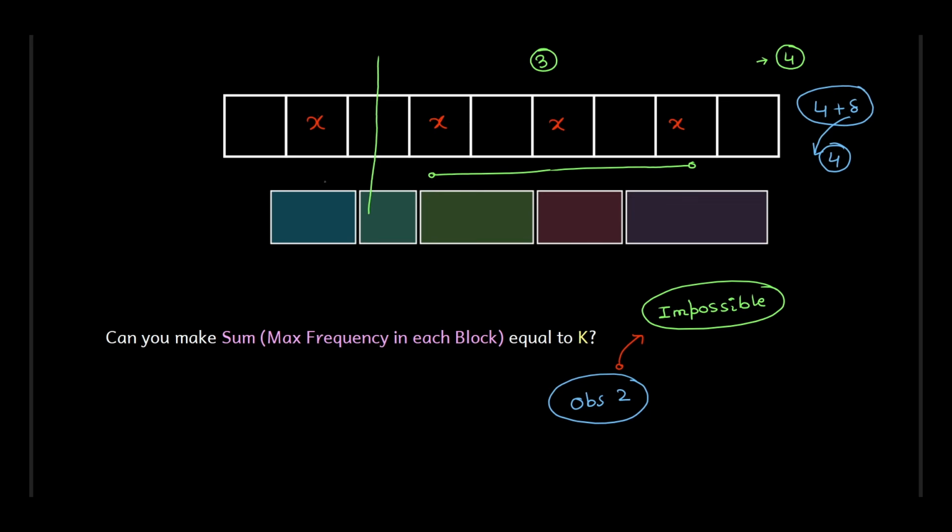But wherever this x went, it will still compete. In whichever block this x is present, it will still compete for the maximum frequency, because its frequency is 1. So either it will win and the block's contribution would be 1, or it will lose and the block's contribution would be greater than 1.